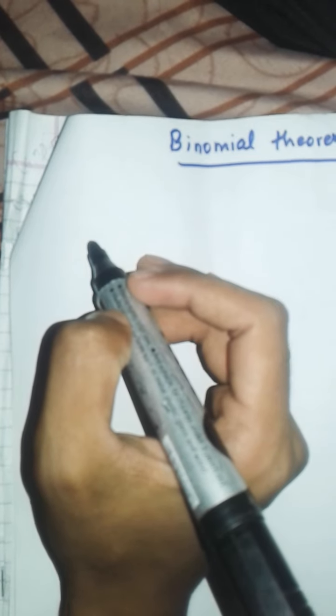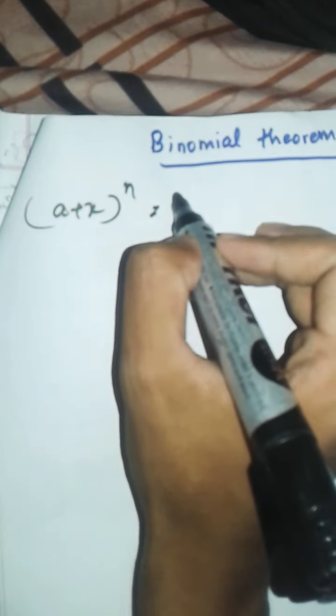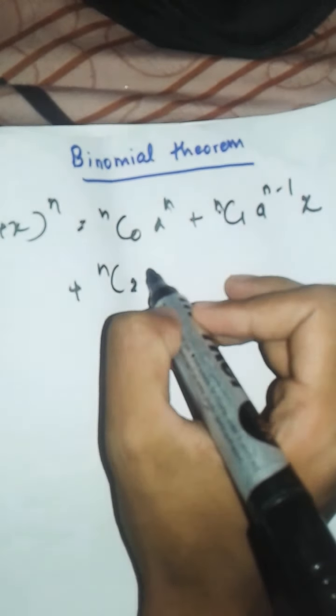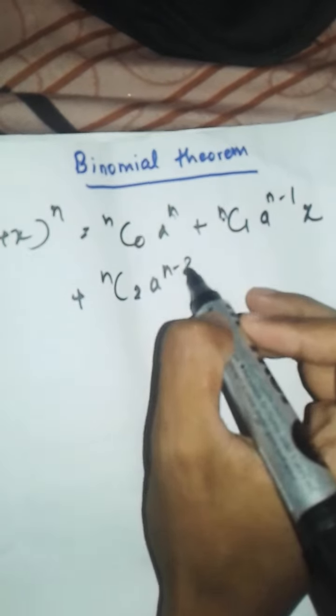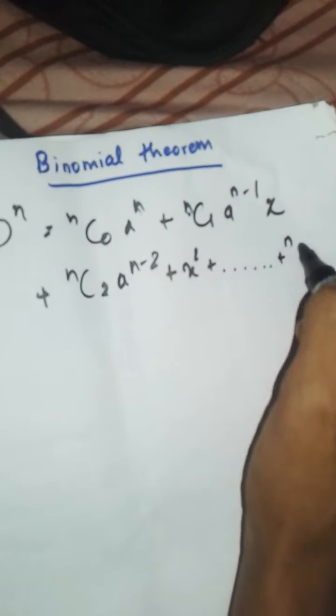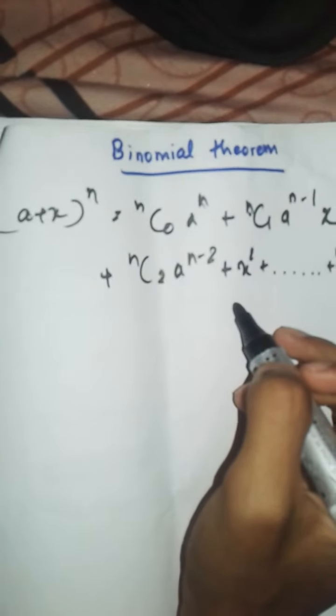As we know, the formula for the binomial theorem is (a + x)^n = nC0 a^n + nC1 a^(n-1) x + nC2 a^(n-2) x^2 + ... going up to nCn x^n. So we're going to prove this formula by using mathematical induction.